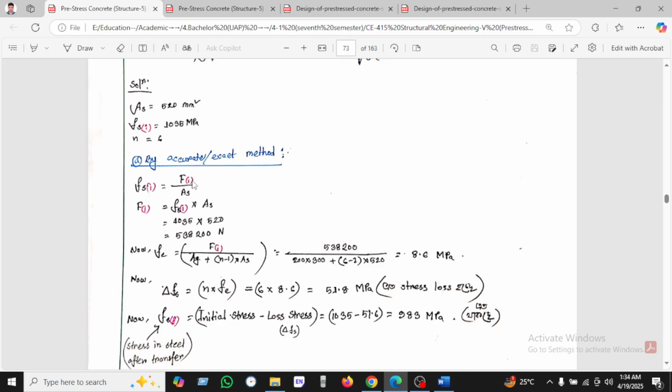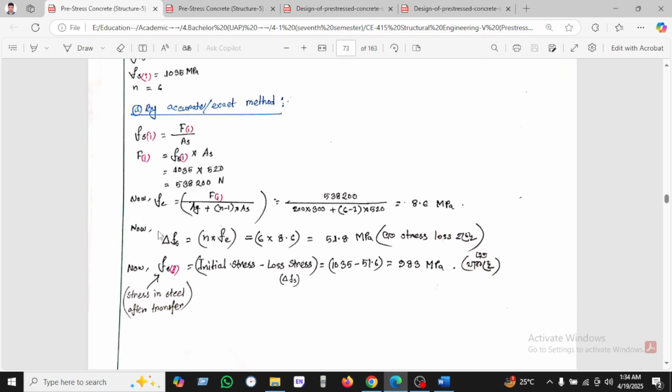As we know, stress equals force per area, so I will calculate Fi. Rearranging, force equals stress into area, and we find this value. Now we calculate the stress in concrete: F equals initial force over Ag minus As, putting in this value and finding 8.6 MPa, and delta Fs is found by putting in this value.